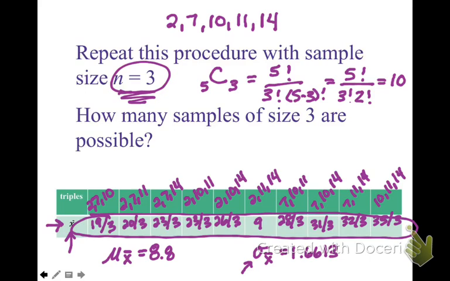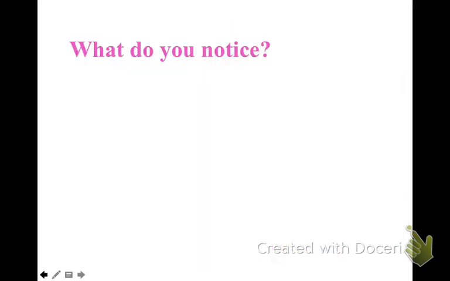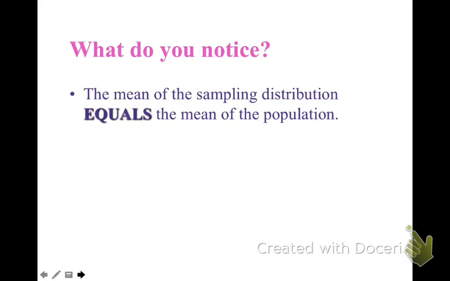What do you notice about the mean of the sampling distribution compared to the mean of the population? And what do you notice the relationship is between the sample size and the standard deviation of the sampling distribution? If you notice that the mean of the sampling distribution equals the mean of the population, then you're totally right.